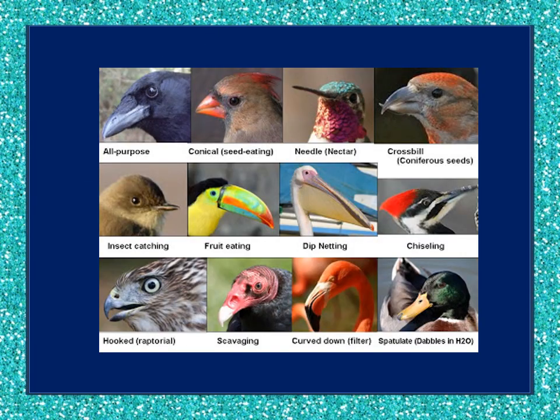Here's another example of structural adaptation, and that would be bird beaks. There's all kinds of different bird beaks, and you can think about a bird is going to have a special beak for what's best for their environment or what they're trying to eat, right?